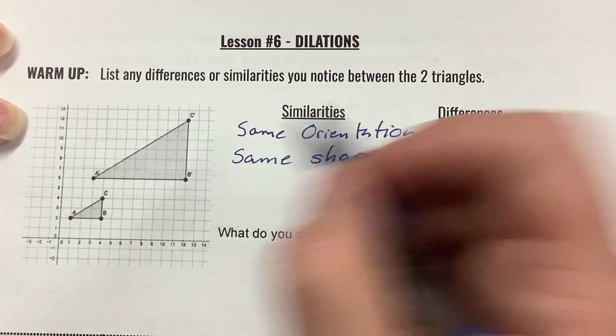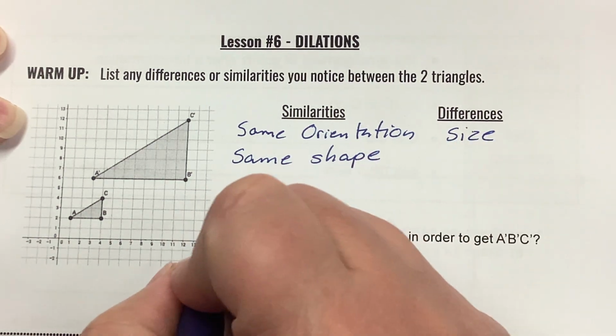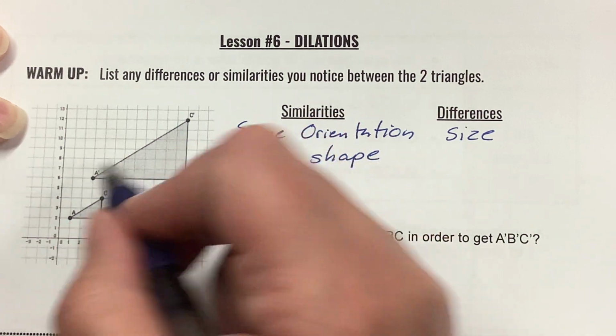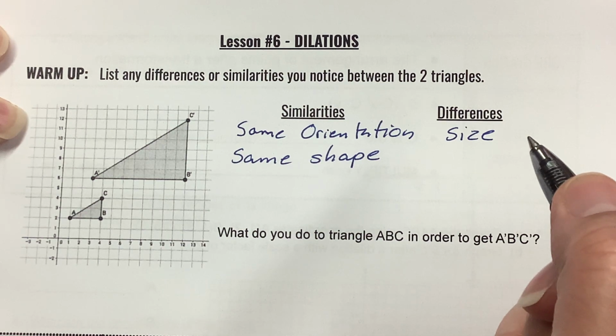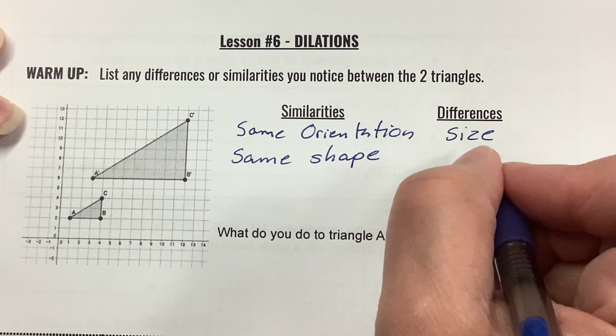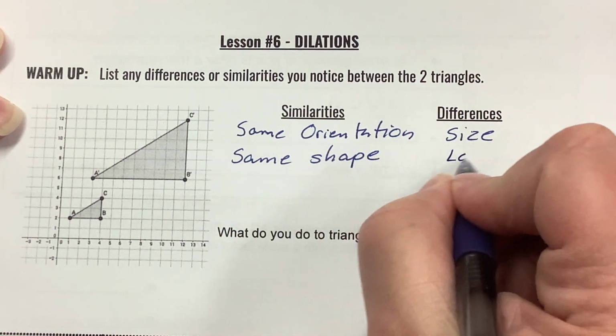But this one's a lot bigger than the other, so the size is different. And let's see, ABC, A prime B prime C prime, they have the same angles. So same shape, same angles. I wonder if the sides are in proportion. Well, we'll find out soon. So size is different, orientation is the same, shape is the same, location is different.